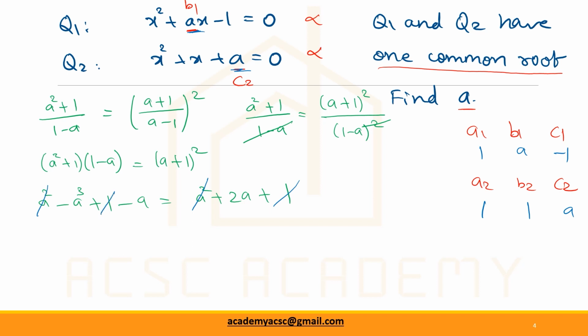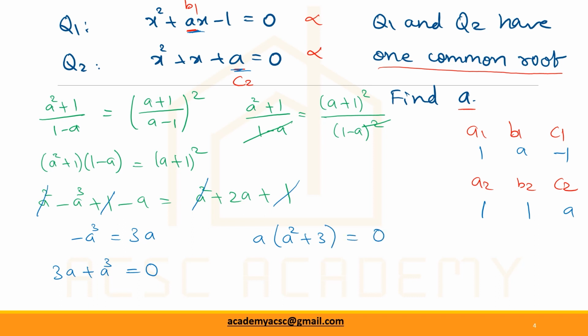What we are getting is minus a cube equal to 3a. So this can be written as 3a plus a cube equal to 0. Here we can take a as common and write that as a times (a squared plus 3) equal to 0.